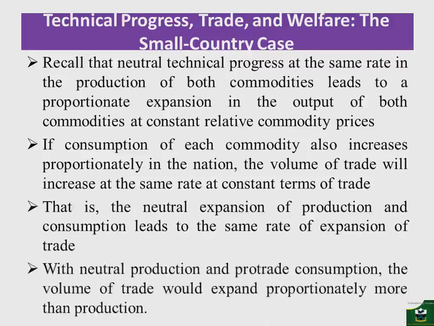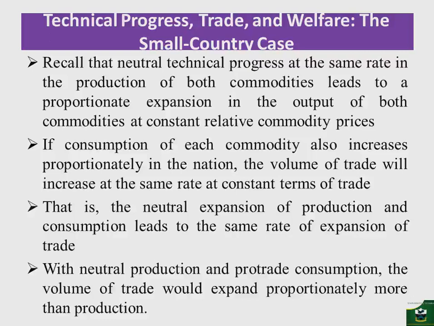So with neutral production and pro-trade consumption, the volume of trade would expand proportionately more than production. Recall that if production is neutral but consumption is pro-trade, the net effect will be pro-trade. And if production is neutral and consumption is anti-trade, the net effect will be anti-trade.